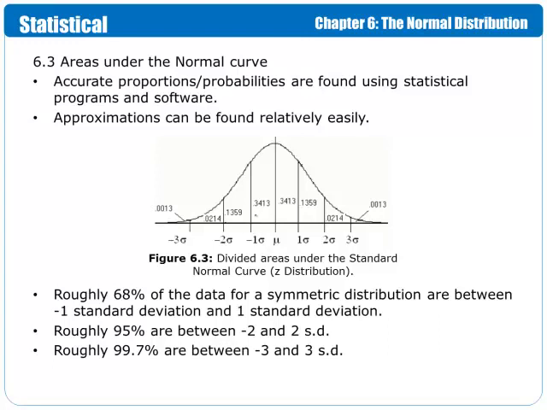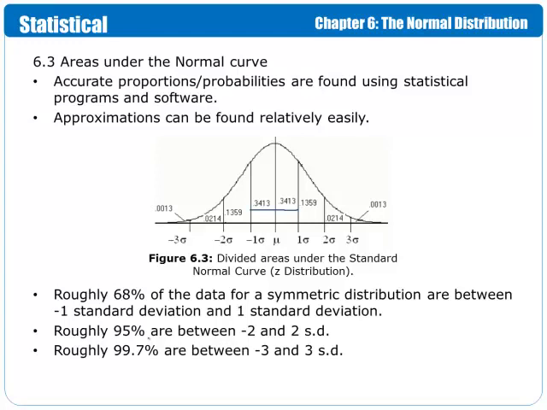Looking at this, you can see that about 34% of the scores are going to be between the mean and one standard deviation on the left, or the mean and one standard deviation on the right. And if you look at that as a whole, you can say that roughly 68%, which is just adding these two 34s, of the data for a symmetric distribution are between -1 standard deviation and +1 standard deviation of the mean.